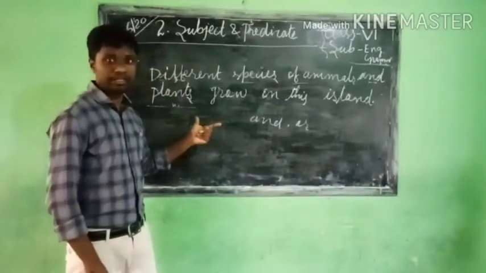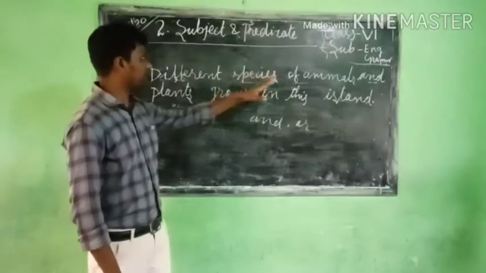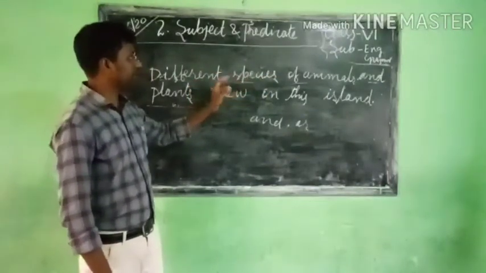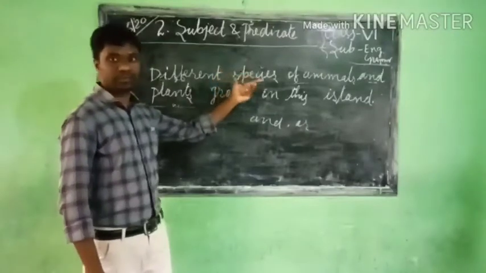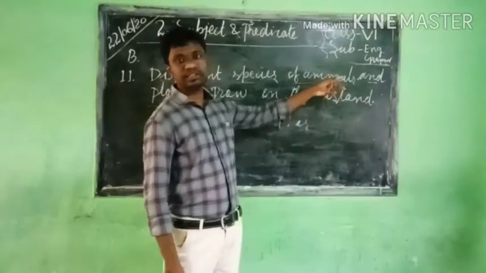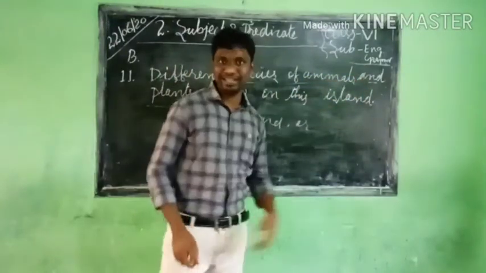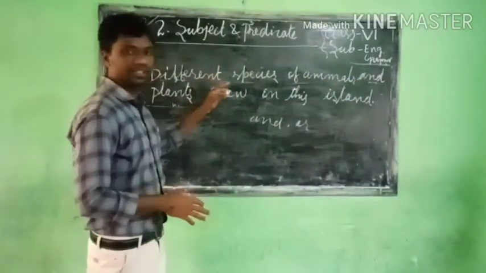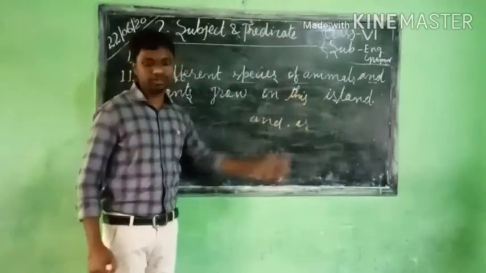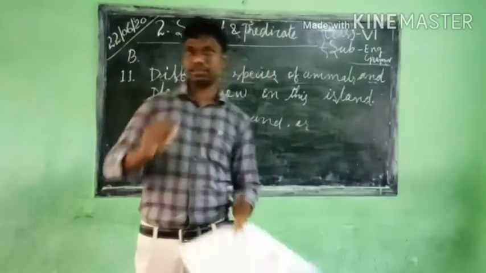So remember that this is a long subject. How does it become long? It is the combination of phrases and words, combined by the conjunction and. Therefore it is called a combined subject. Then the rest of the things are predicate, you know it. So that is the 11th number.